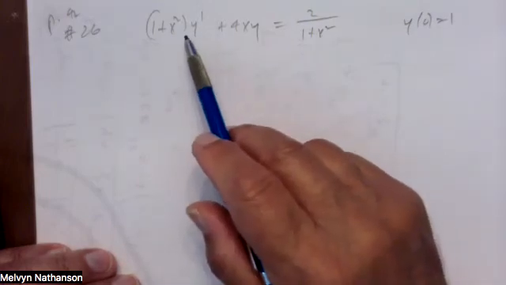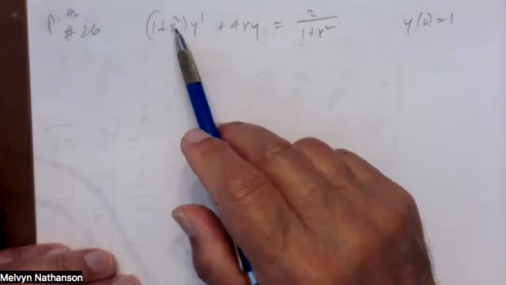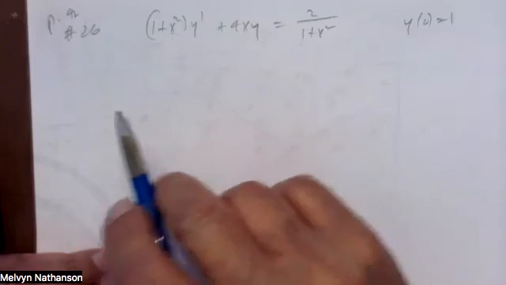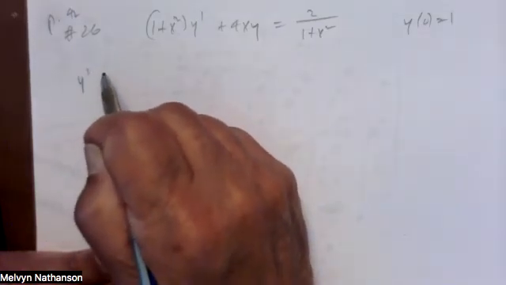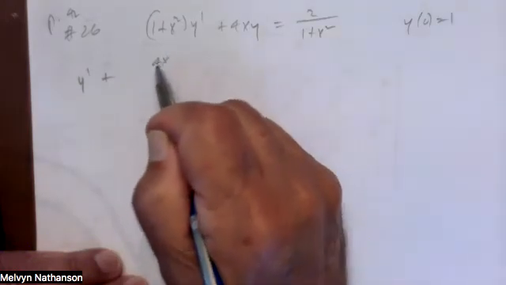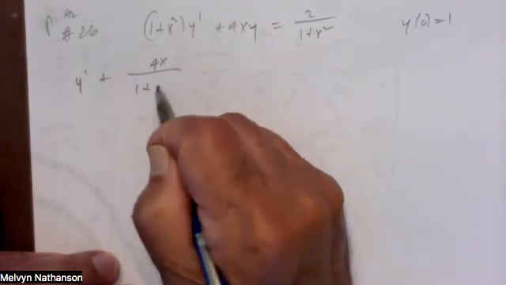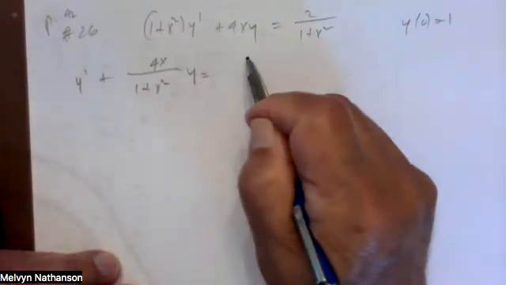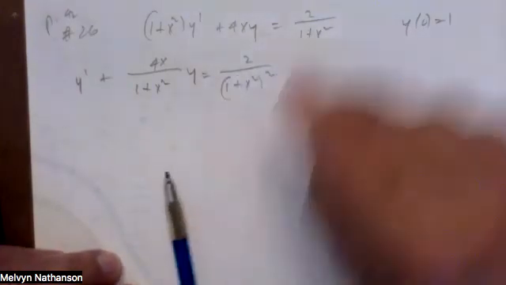Again, this isn't in exactly the right form because the coefficient of y prime isn't 1, it's 1 plus x squared. But 1 plus x squared is always positive, so you can divide by it. We rewrite the equation: y prime plus 4x over 1 plus x squared times y equals 2 over (1 plus x squared) squared.